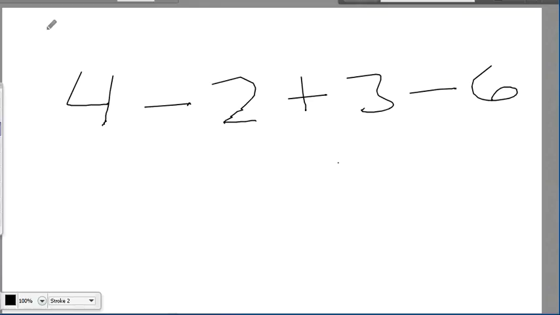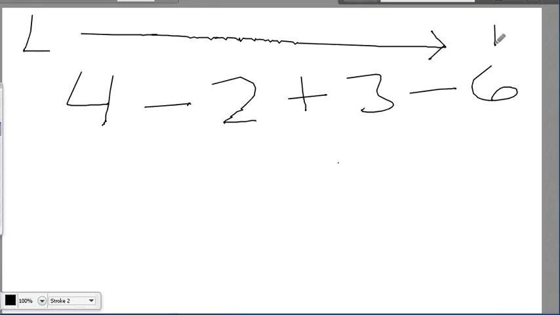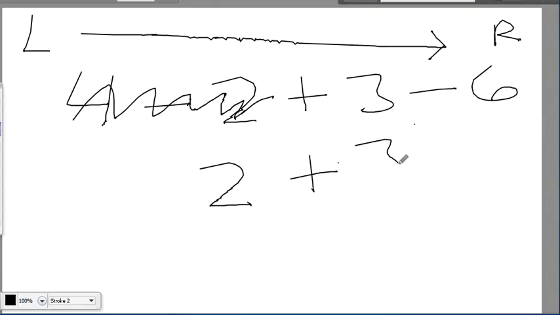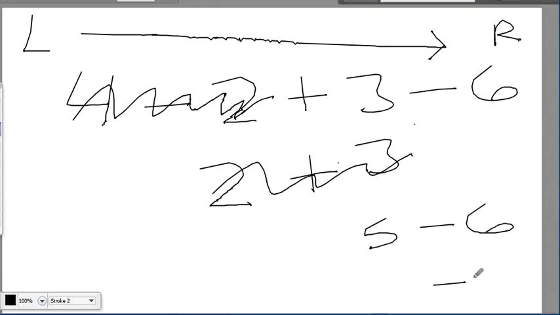What we do is we start at the left of our problem and we're going to work right, doing all of the additions and subtractions as they come to us. So 4 minus 2 would be 2. 2 plus 3 would be 5. And then 5 minus 6 is a -1.